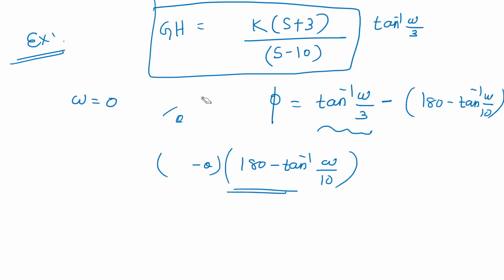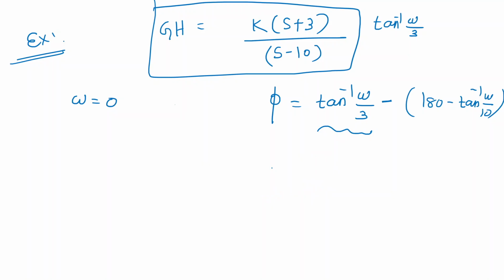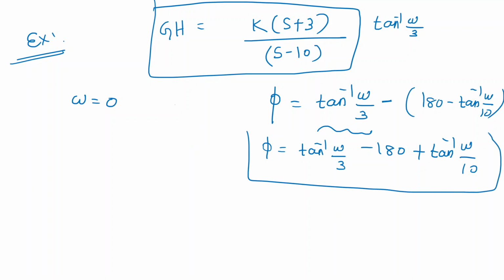Now you just simplify this plus and minus. So phi equal to tan inverse omega by 3 minus 180 plus tan inverse omega by 10. This is the total angle contribution. After finding that, now you apply omega equal to 0.